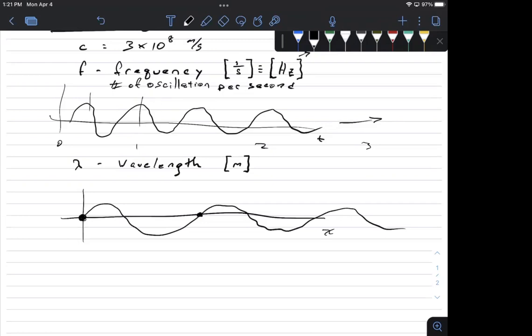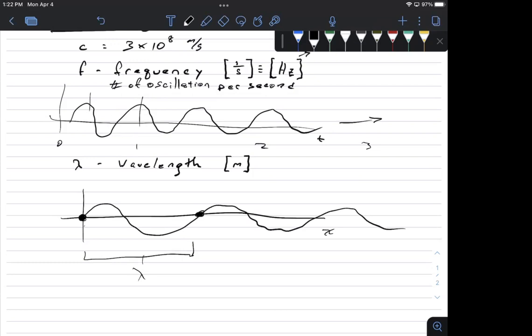And so if the wave starts here, it goes to here in one whole oscillation. So this distance from here to here is called the wavelength of this wave. Kind of similar to frequency. Frequency is, in 1 second, how many oscillations are there? Wavelength is how far does the wave go in making one oscillation?